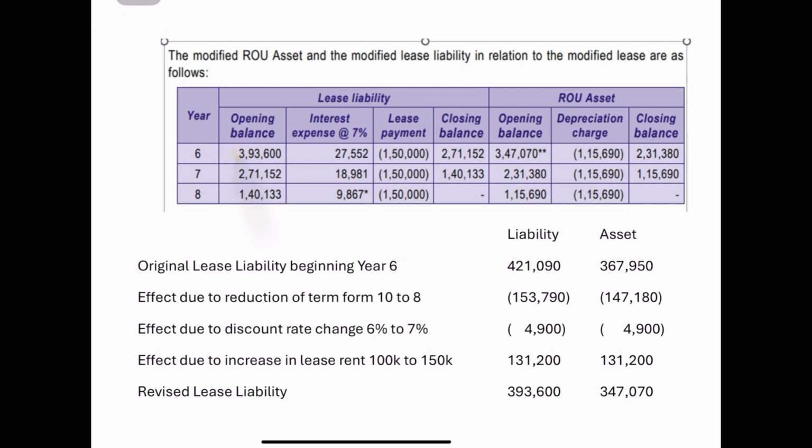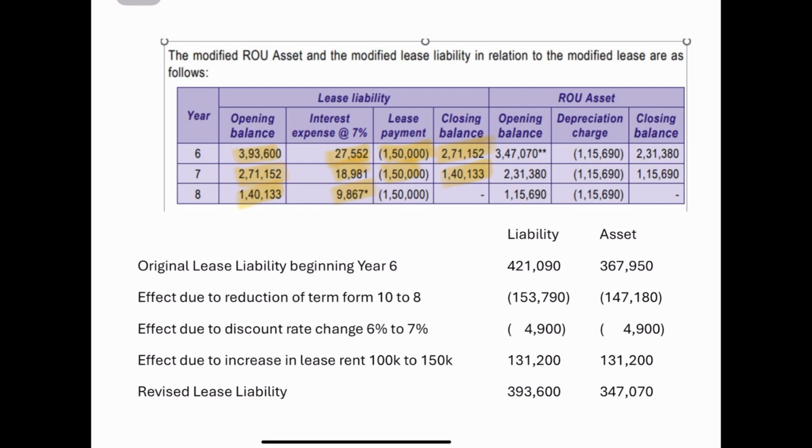So you are restating the ROU opening balance to 393,600, and then you are calculating interest at 7%, and you make the revised lease payment of 150,000. So you will have a closing balance of 271. That becomes the opening for next year. Next year, interest at 7% is 8,981. You are further paying 150, so your closing will become 140. And 140 is the next year's opening balance.